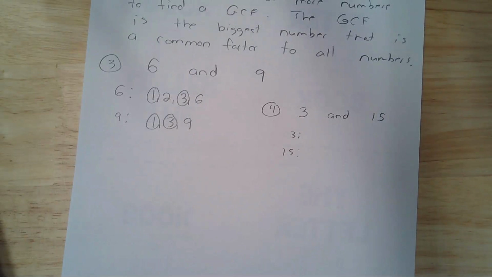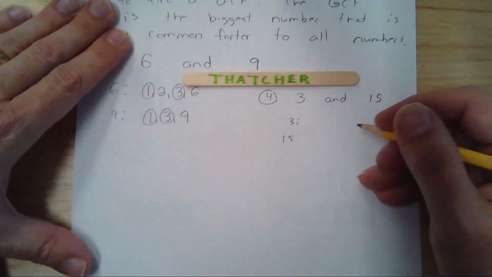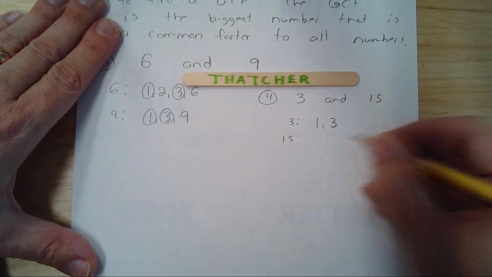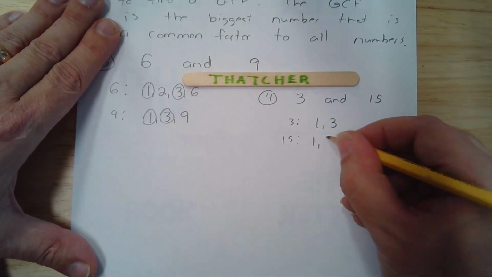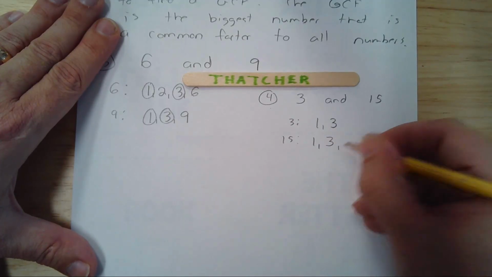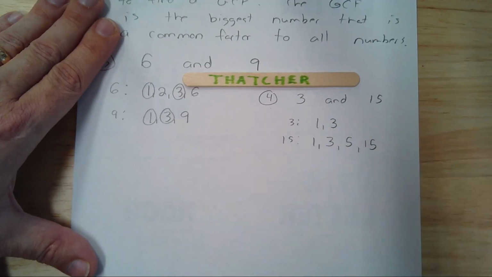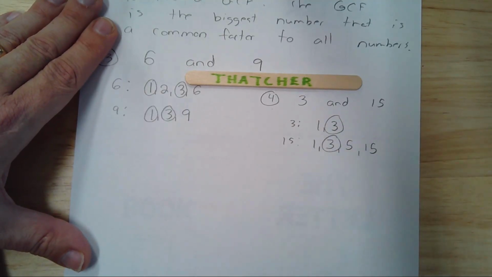Circle whatever they have in common. Okay. What do we got here? What are my factors of 3? 1 and 3. What are my factors of 15? There's 1, there's 3, there's 5, and 15. So what am I circling? 3 and 1. Right.